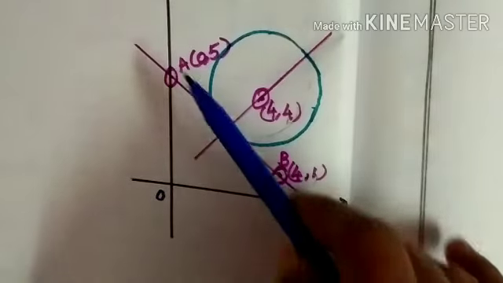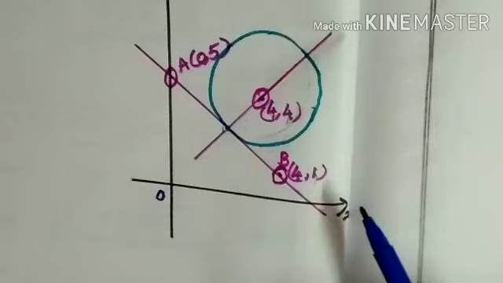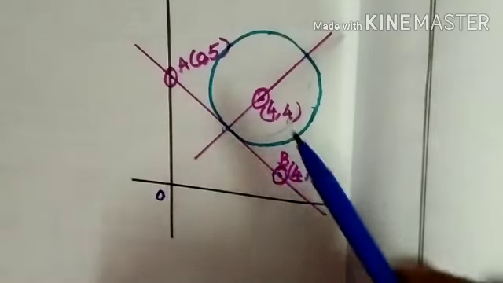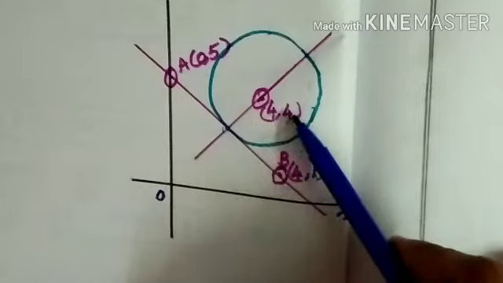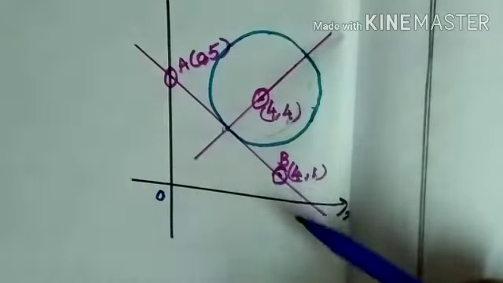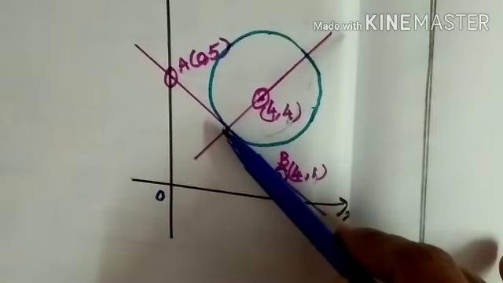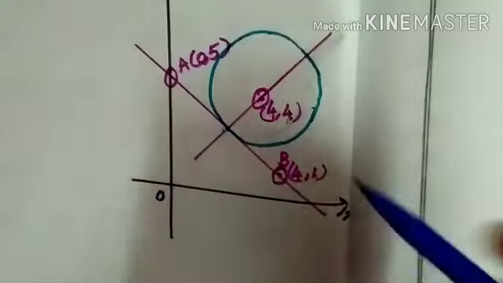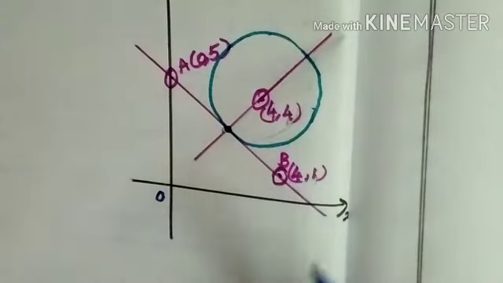Then join the points A and B, and we get a line segment that is tangent to a circle whose center is (4, 4). Tangent means a line touches the given circle at only one point. These are the given points in the question.